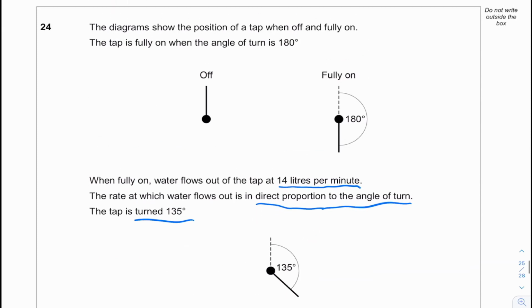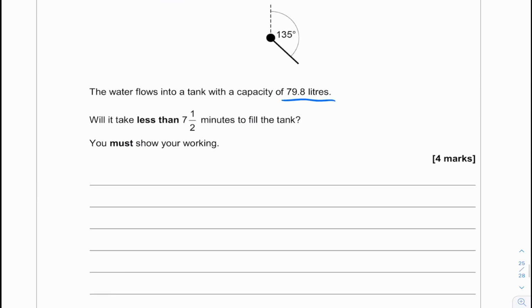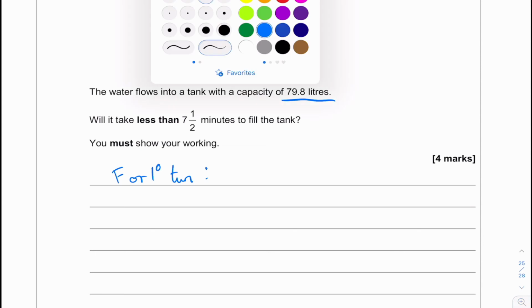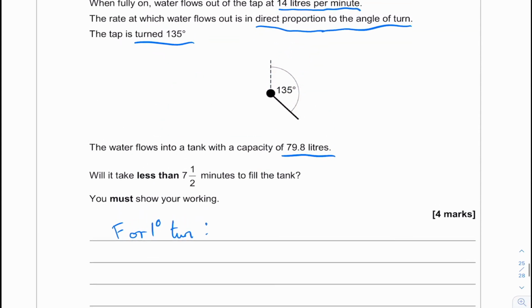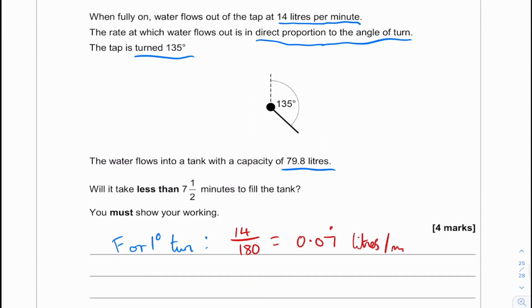So at 180 degrees, the rate of water flow is 14 litres per minute. So for 1 degree turn, we have 14 litres divided by 180, which is equal to, just grab a calculator, 0.07 recurring, and this is litres per minute.